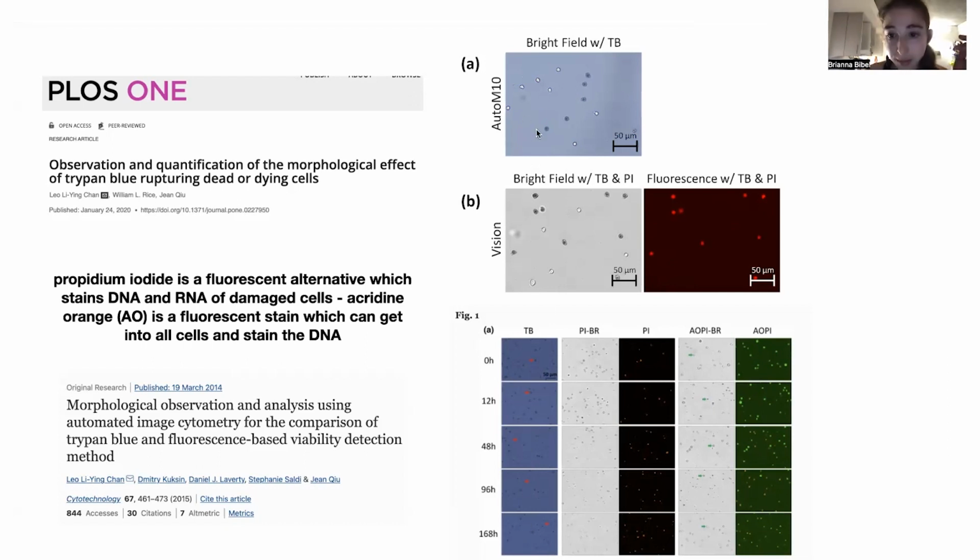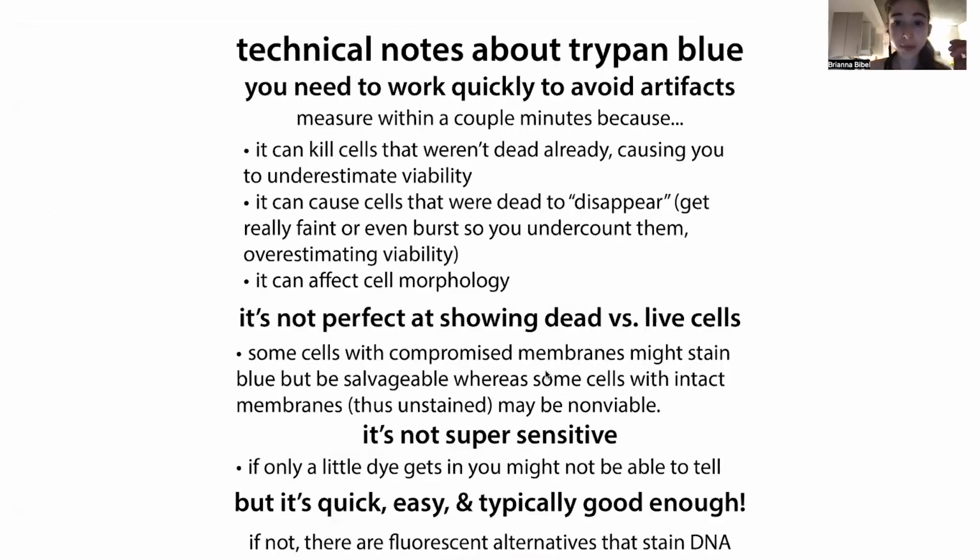You also see some of these weird diffuse bodies, which I think is where they're pointing with the arrows. These dead cells are kind of bursting and becoming diffuse, and then they're disappearing and making it hard to see.